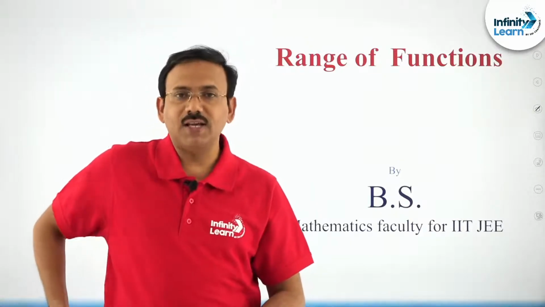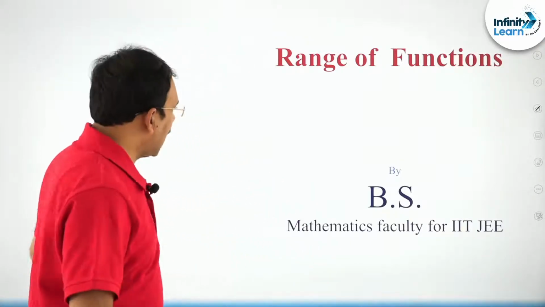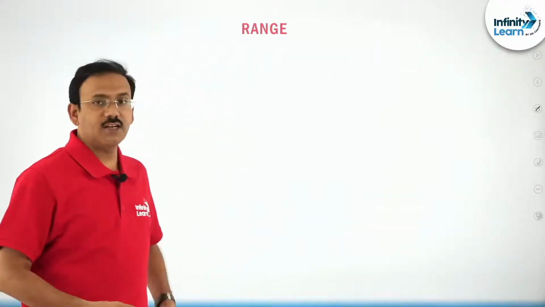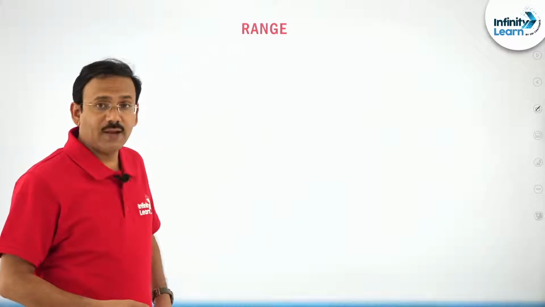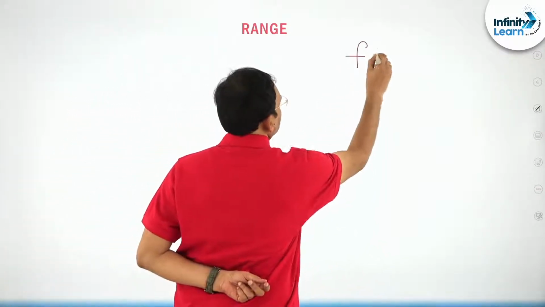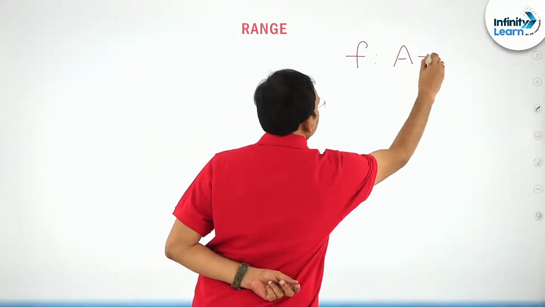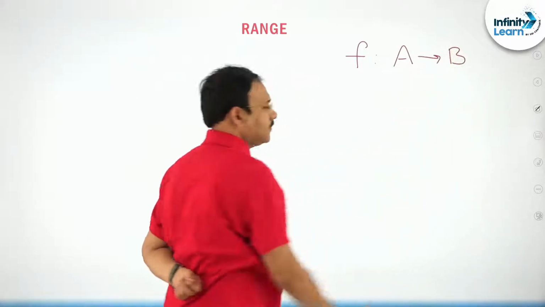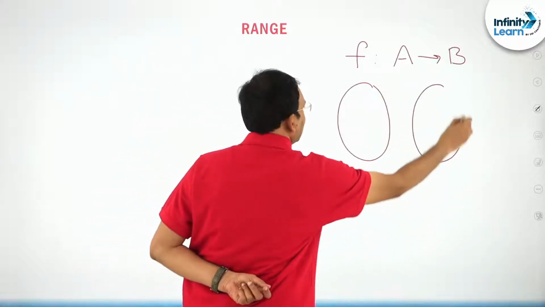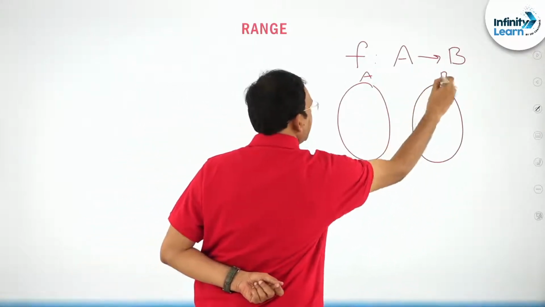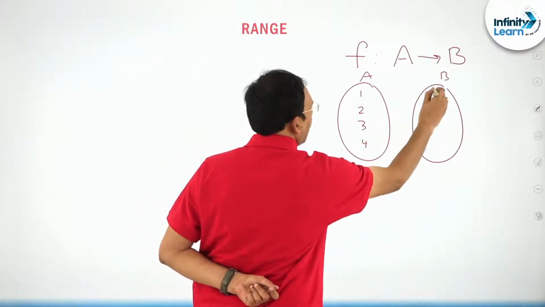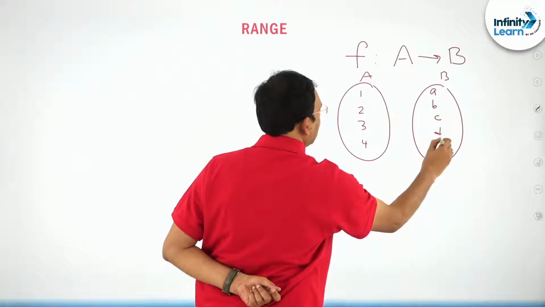And you will also see what a real function is. Before that, let me recall certain important points and definitions related to function, domain, and range. Friends, suppose f is a function from A to B. Let me take this as A, say 1, 2, 3, 4, and this as B, with a, b, c, d, e, f.